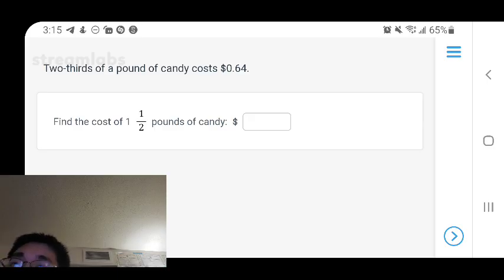I could do 2/3 X. Yeah, just do 2/3 X. Is 64, 0.64. And then you want to find the 1 1/2 X. That works too. Yeah, I think that's the best way, right? 0.64.